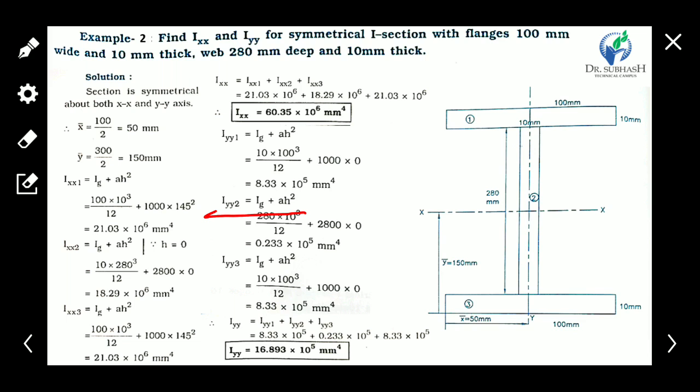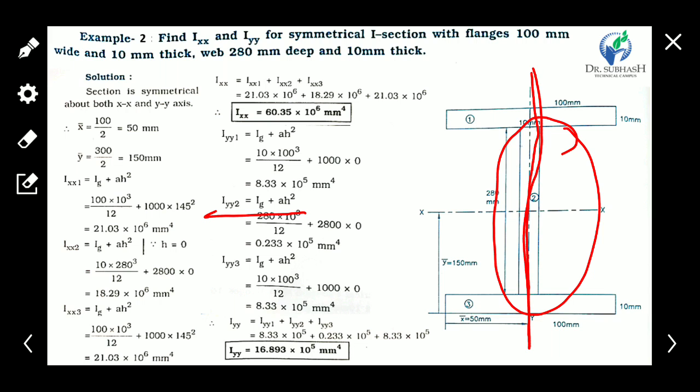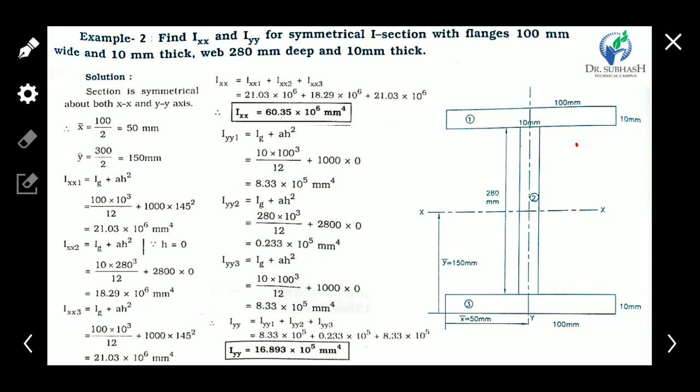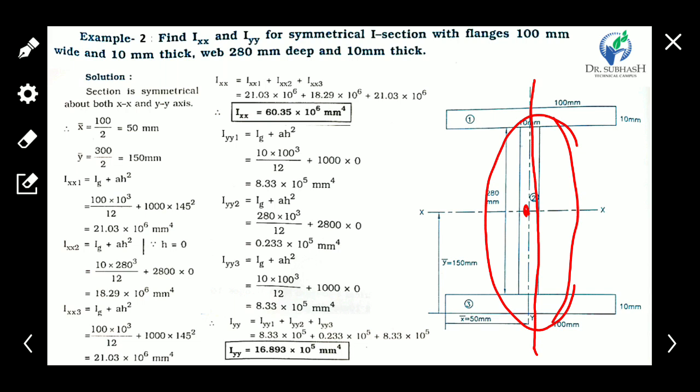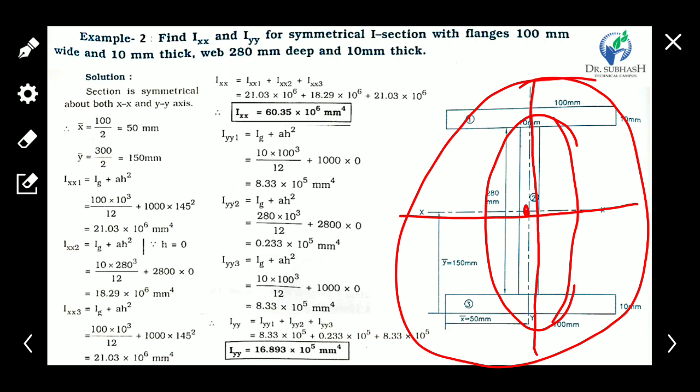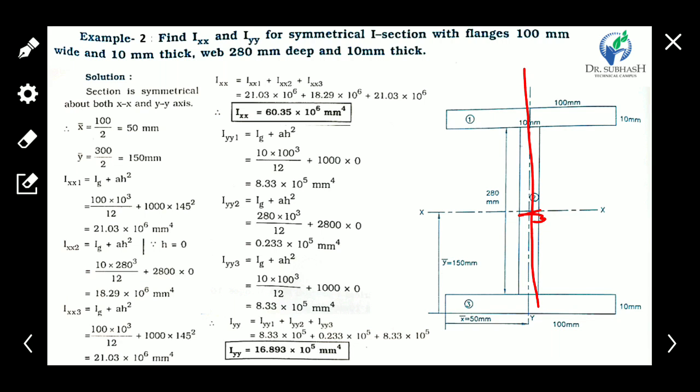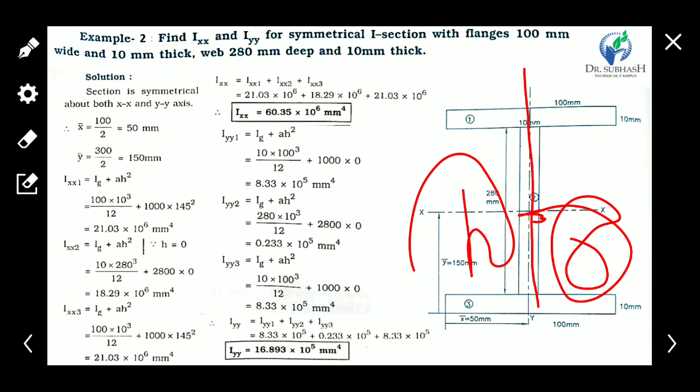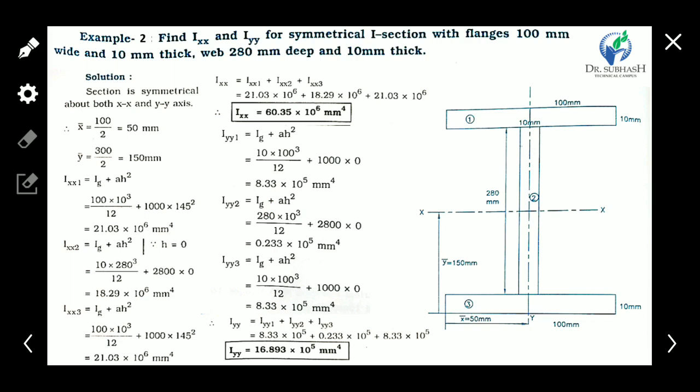Now Iy2 means the moment of inertia of element 2 about the y axis. Similarly here h is 0, because the CG of element 2 and the y axis, which passes through the CG of the I section, the distance between the y axis and the CG of the second element is 0, so h is 0, so h square is 0.